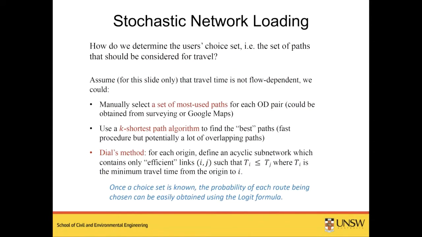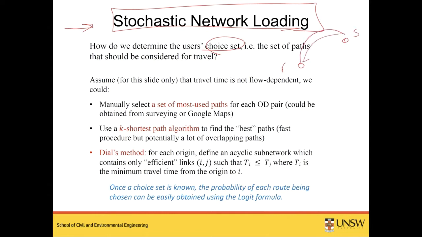So that's where the stochastic network loading problem comes in, which aims to determine the user's choice set. If this is my origin and this is my destination, then these are all the possible paths going between them. How about instead of considering all of them in my choice set to calculate the probability, I just go with a set of most used paths?